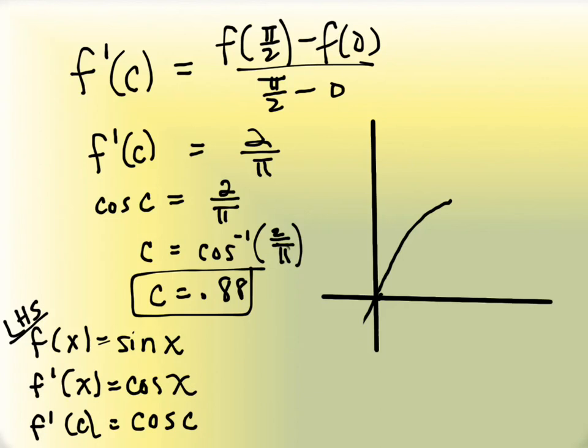It's going to go from 0 up to 1 at pi halves, and it would go down after that, agreed? What we did when we found the right-hand side of the equation is we took the endpoints at 0 and at pi halves, and we connected them with a line.